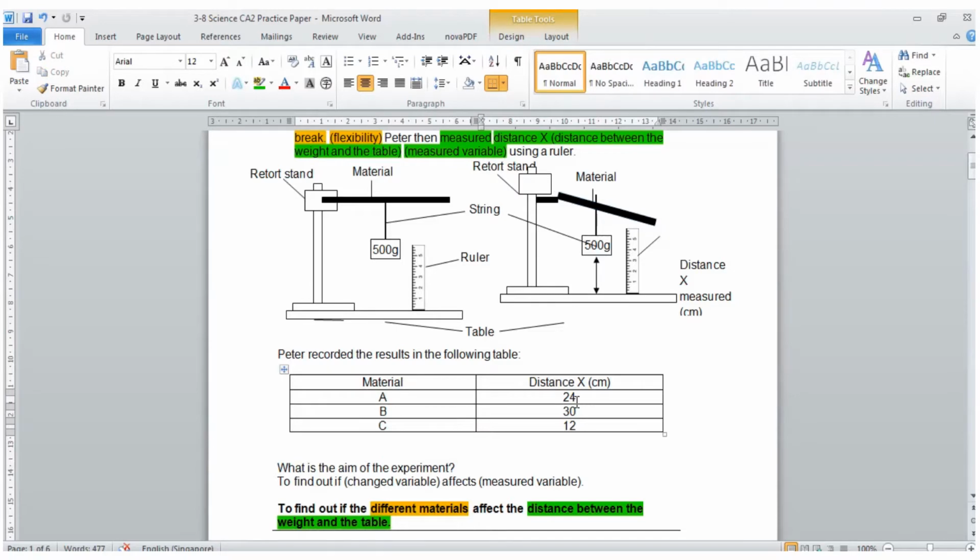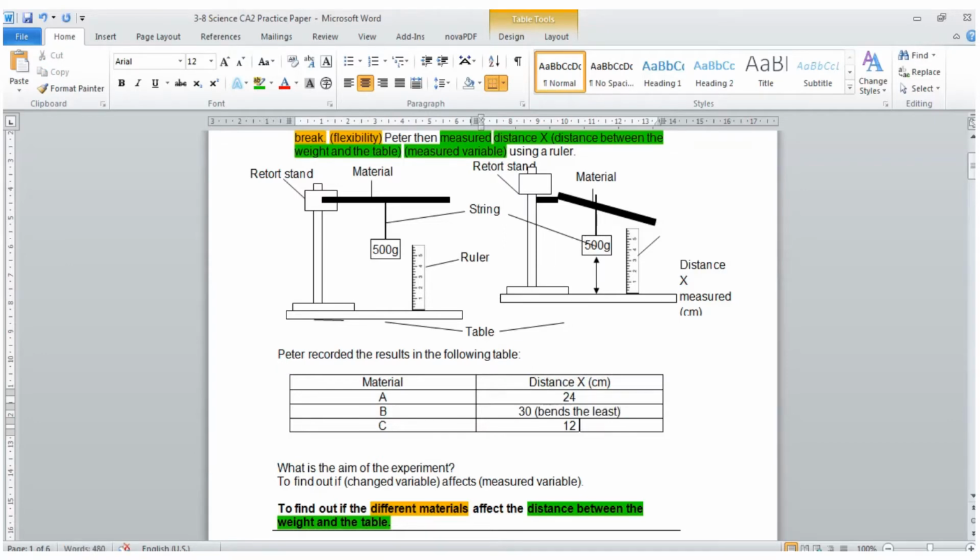But in this one, we can say that this bends the least. Okay, I have demonstrated this concept to you in class, right? So you just have to remember that. And you see, look at material C. Sorry, this is not the one that bends the least. I made a mistake here. So not 24, 30 cm. This is the one that bends the least.